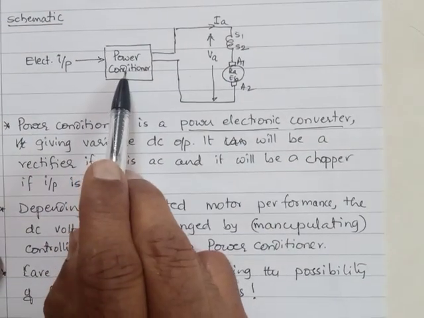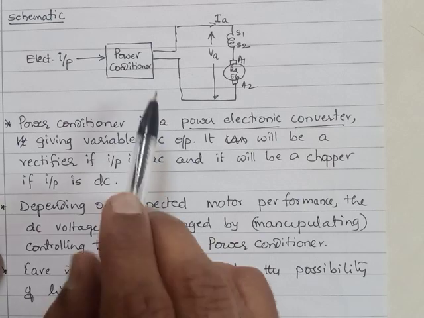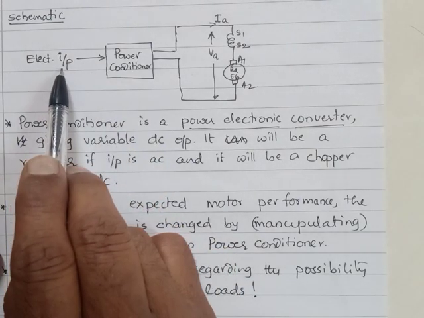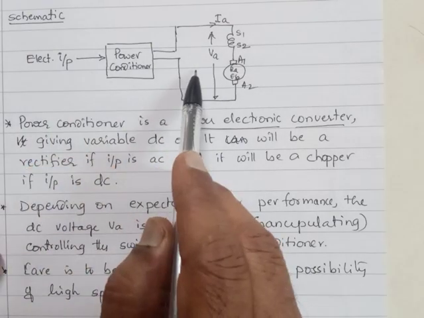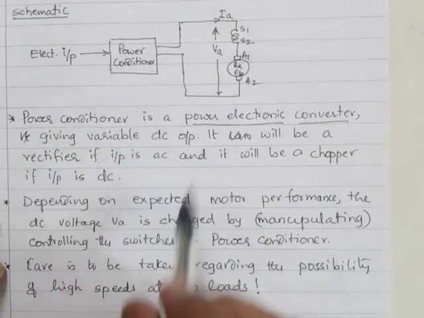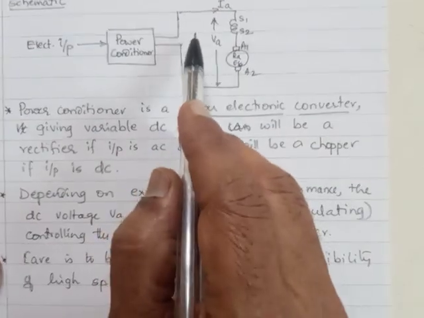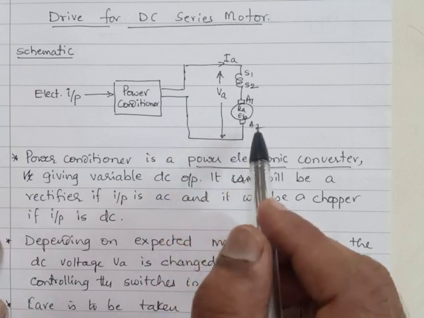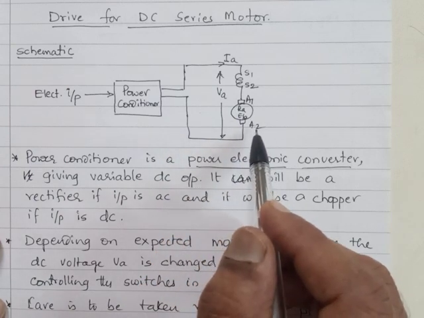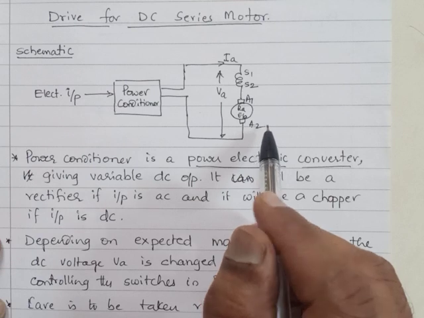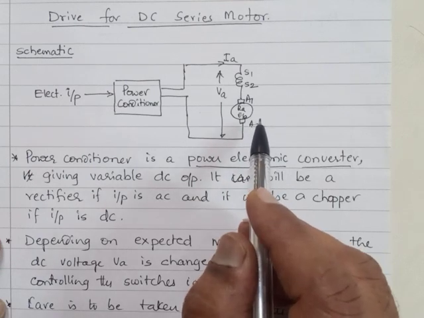This power conditioner can be a chopper, a controlled chopper, if the input is DC, fixed DC to variable DC. By having suitable power conditioner configuration, we can have variable DC. Variable DC, when given to the motor, will give me varying performance that I can manipulate depending on the expected performance.